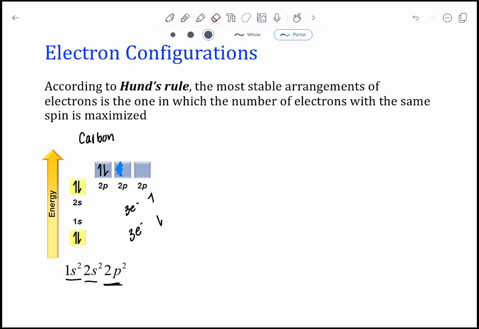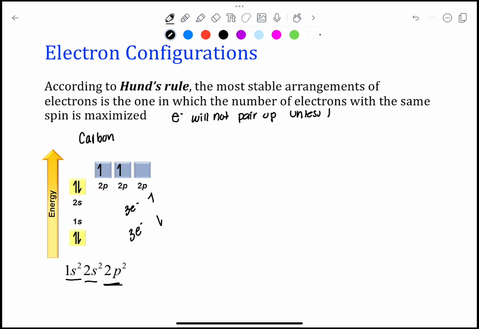Whereas if I do it the other way, that follows Hund's rule, if I erase what I covered up, I now have 4 electrons with an up spin and 2 electrons with a down spin, meaning that this is the most maximized orientation of those electrons. Those electrons don't want to pair up if they don't have to, okay, and that's also kind of Hund's rule. So let's say electrons will not pair up unless they have to.